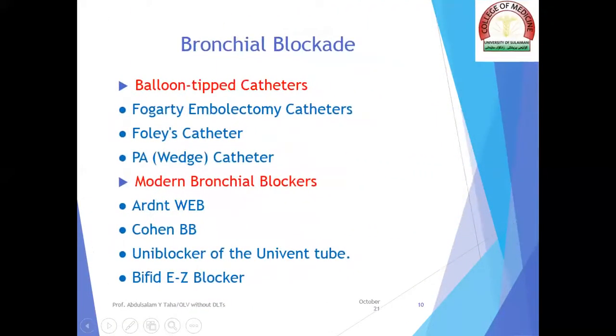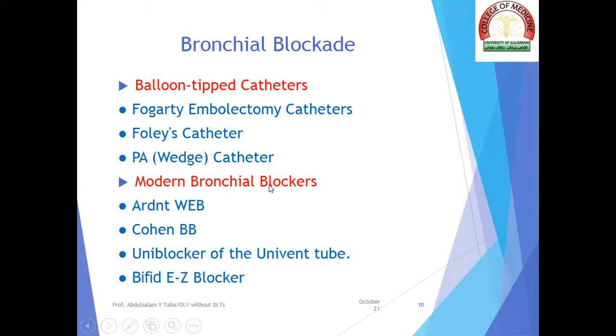So bronchial blockade can be classified into balloon-tipped catheters, such as Fogarty embolectomy catheters, Foley's catheters, and pulmonary artery wedge pressure catheters.